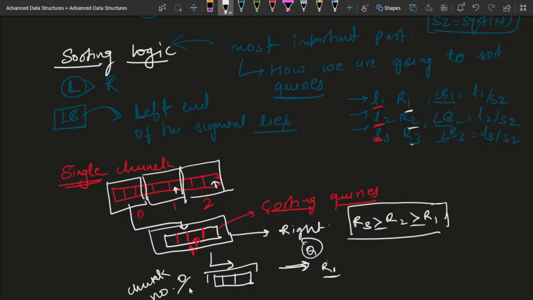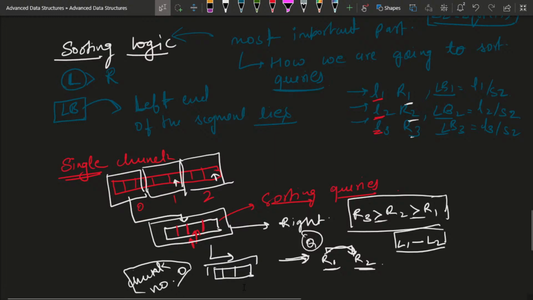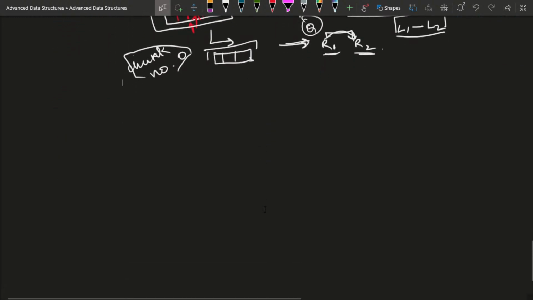When I am moving from R1 to R2, my L1 would be moving to L2, and I am pretty sure that L1 and L2 both lie in chunk number 0. So what would be the cost of this transition? Suppose I am moving from L1 R1 to L2 R2.